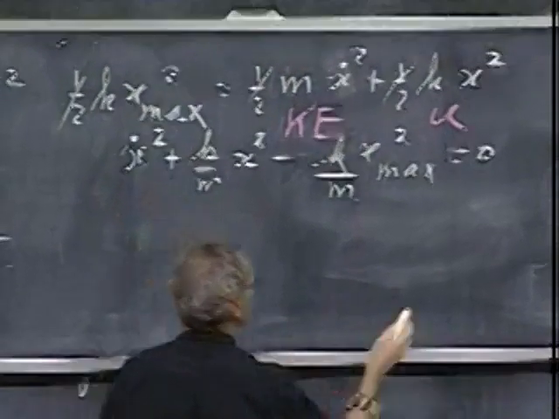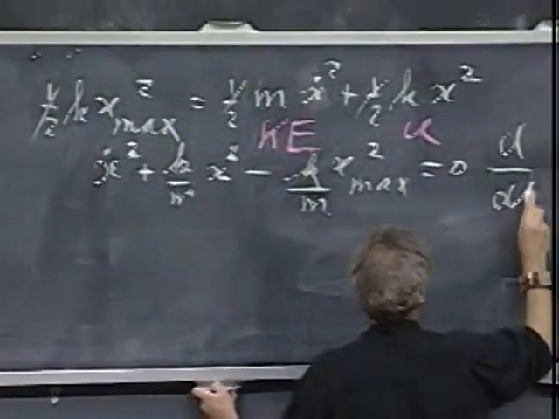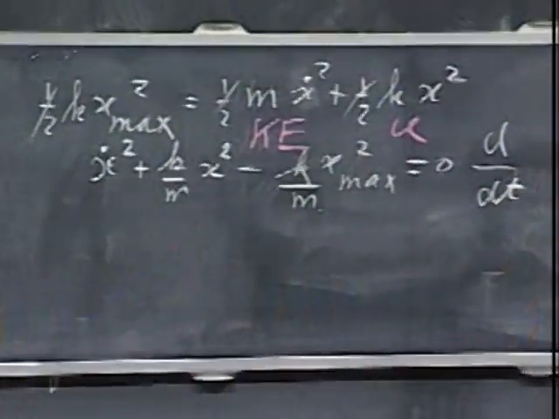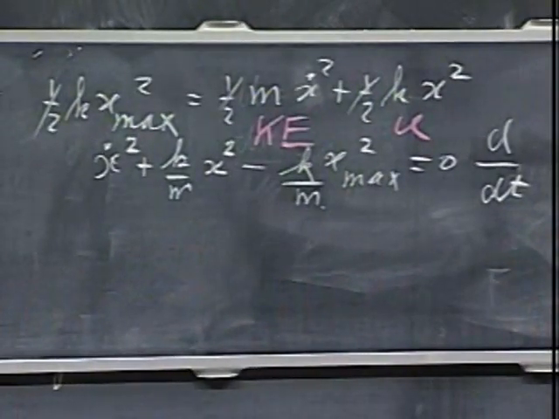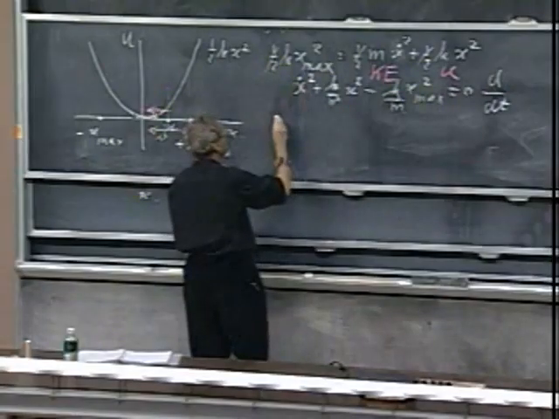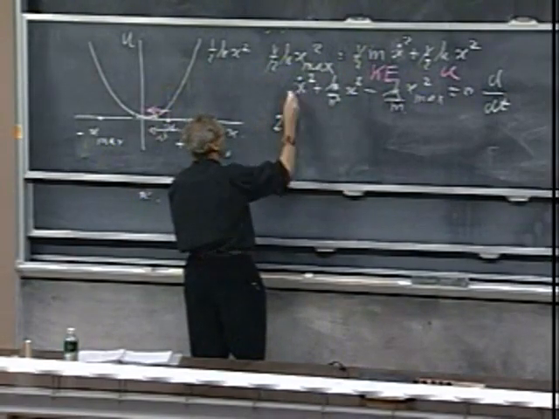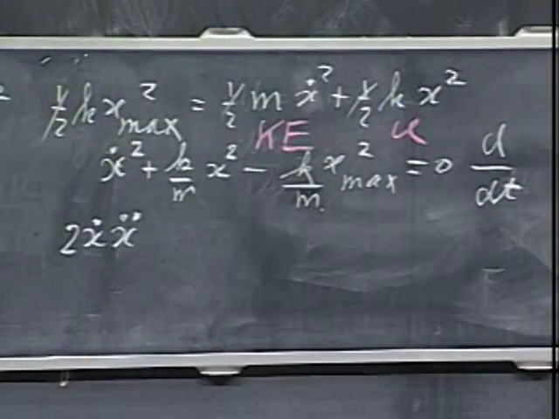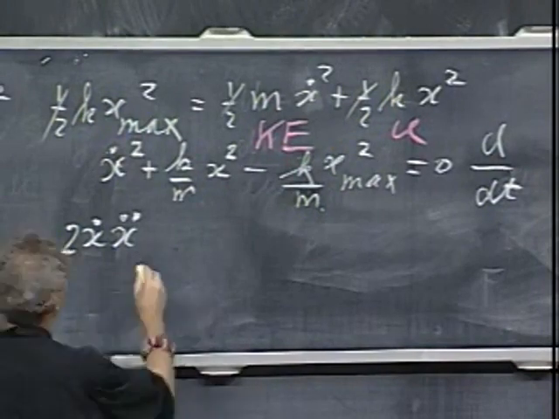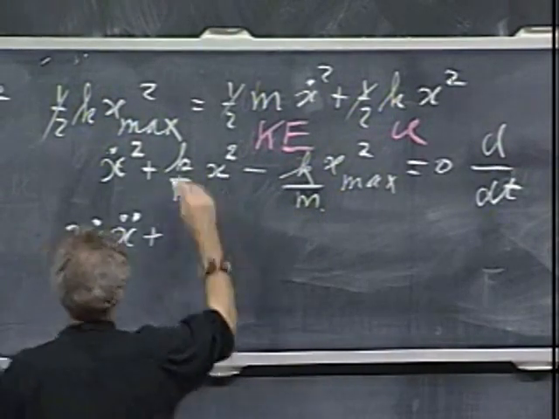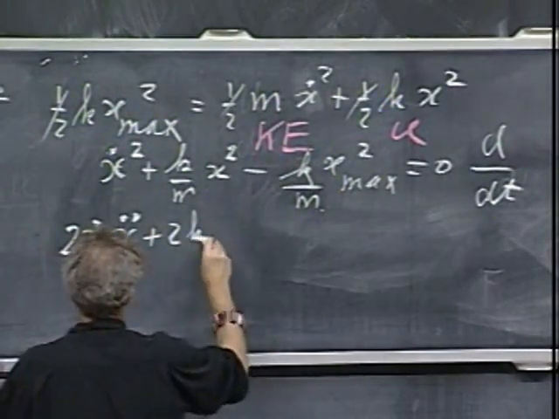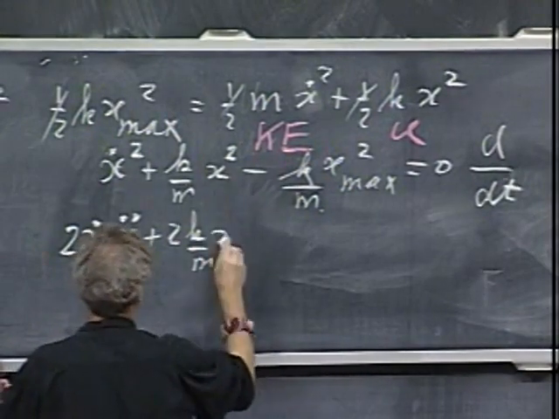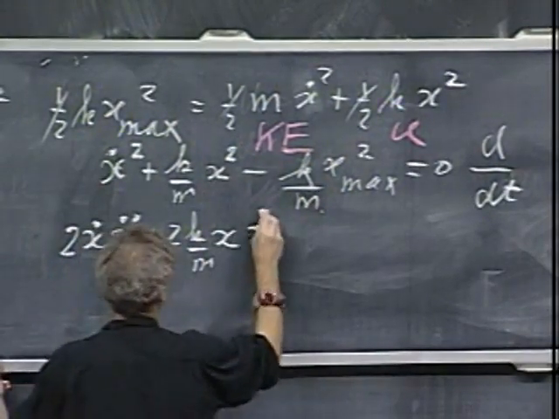And now I'm going to take the time derivative of this equation. And now you'll see something remarkable falling in place, just for free. I take the derivative versus time. That gives me a 2x dot, but I have to apply the chain rule. So I also get x double dot, the second derivative, the acceleration, plus a 2k over m times x, which with the chain rule gives me an x dot.